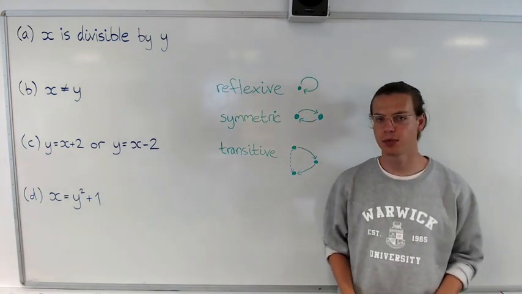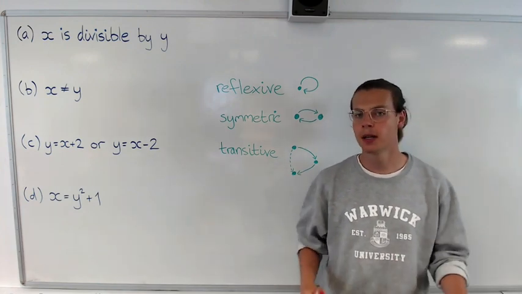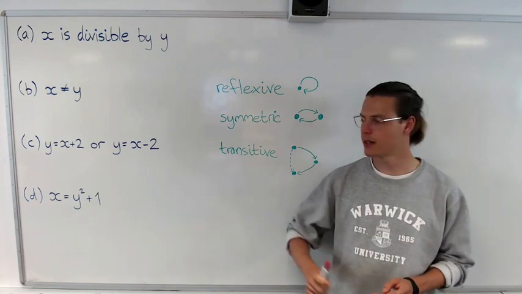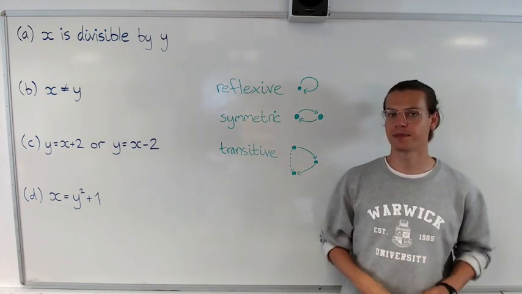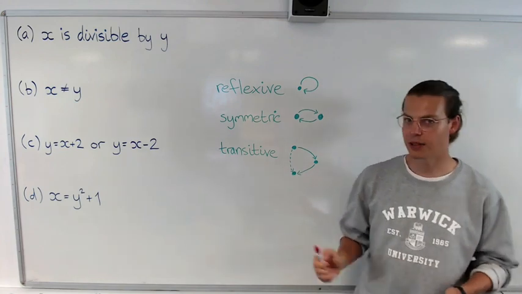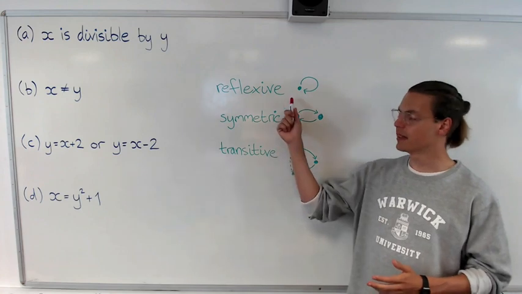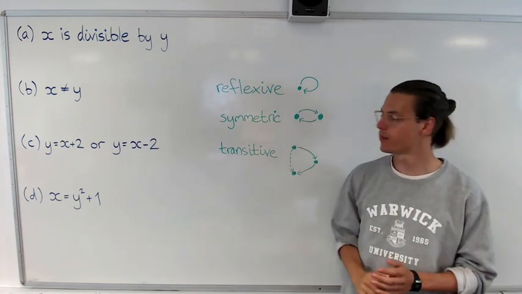In this exercise, we consider 4 relations between pairs of integers. Our task is to determine whether each relation is reflexive, symmetric, and/or transitive. Remember, a relation is reflexive if every element, every integer in this case, is related to itself.